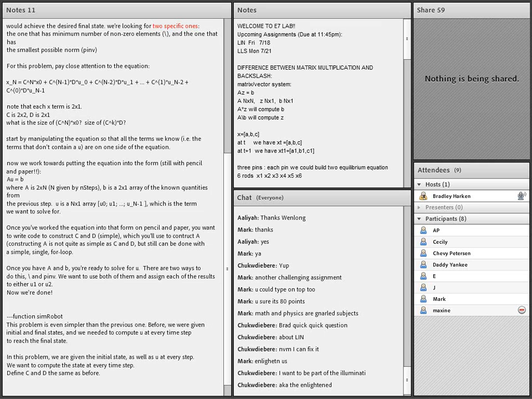We want to pay close attention to equation 3, which gives a simple relationship between x at the k plus 1th time step and x at the kth time step and u at the kth time step. So once again, that's probably just going to be a very simple for loop. And remember, this is not solving a system simultaneously.